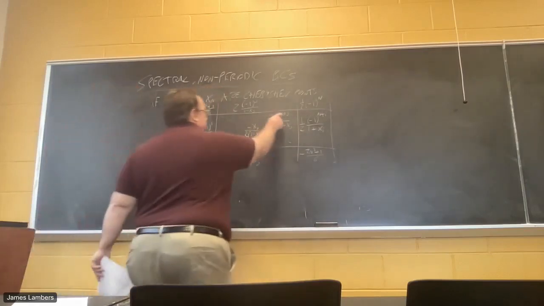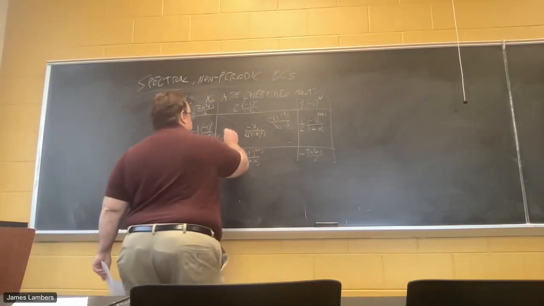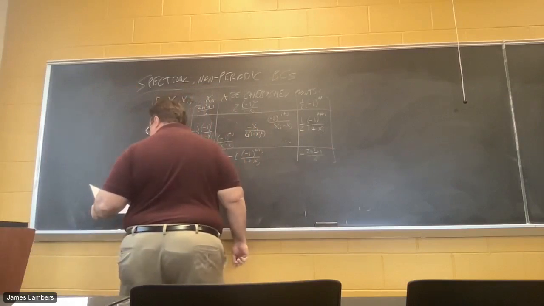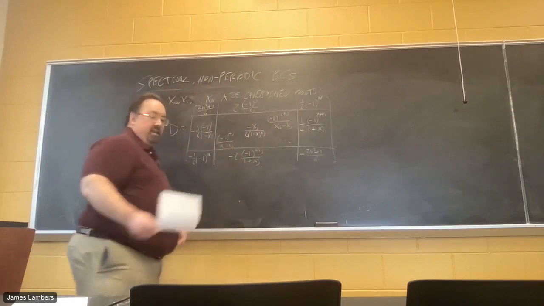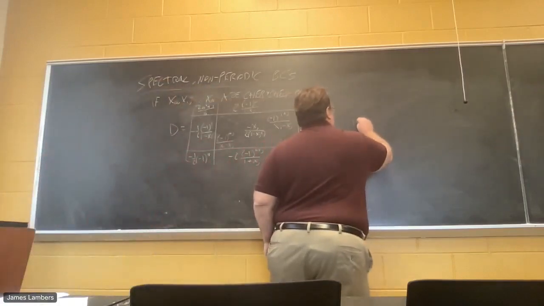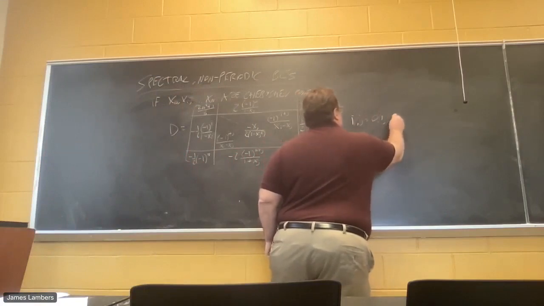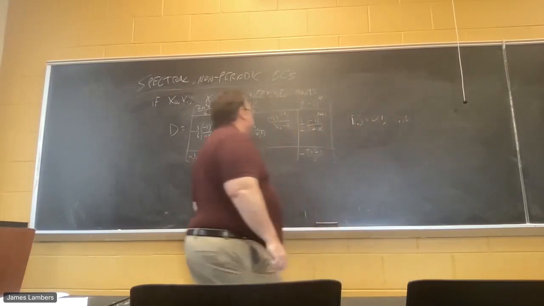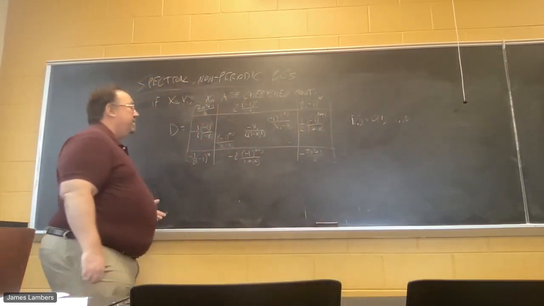And then the same formula applies down here with the appropriate i and j. All right. And this is true for i and j going from 0 up to n. So this is an n plus 1 by n plus 1 matrix.